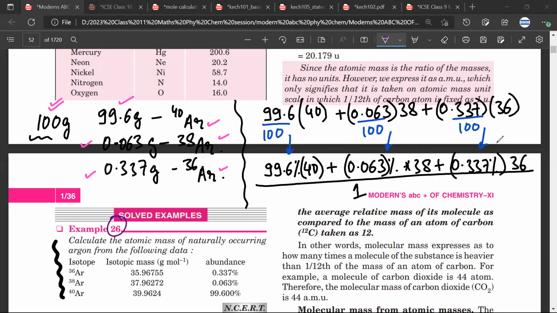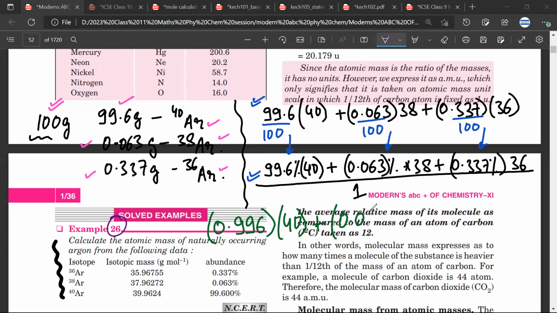Are we clear till here? So now all that we need to do is we need to calculate either this or this. So I will rewrite this so that when I'm doing calculation I don't make a mistake.